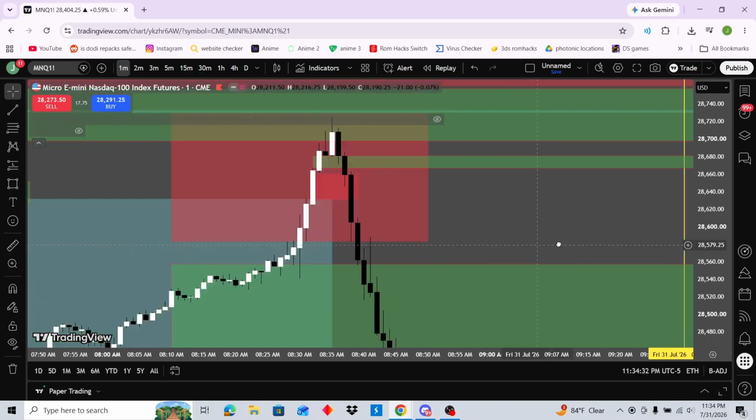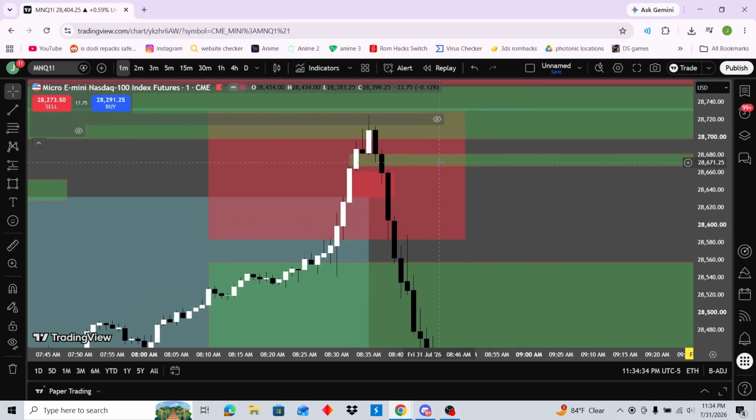So in this case, you'd want to set a sell limit at the middle of this, at the CE, which stands for consequent encroachment, which is just a 50% mark of an FVG or an IFVG.